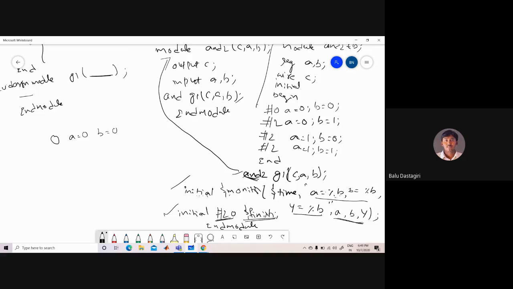So now it will see what the logic is here. In G1, C, A, B, A and B are the inputs and C is the output.